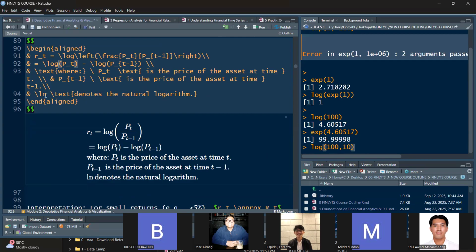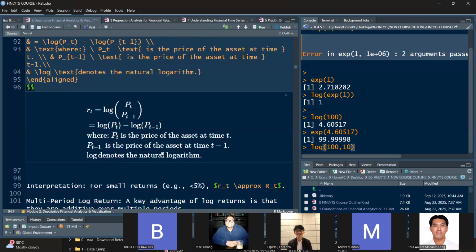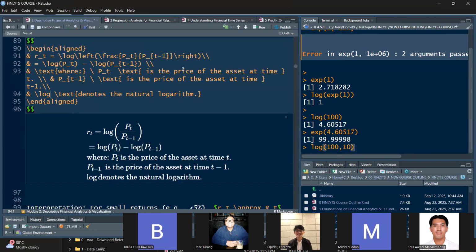Okay, so here I'll put log. Log denotes the natural logarithm. All right, clear to you, class? Is this clear? Kindly chat, please.